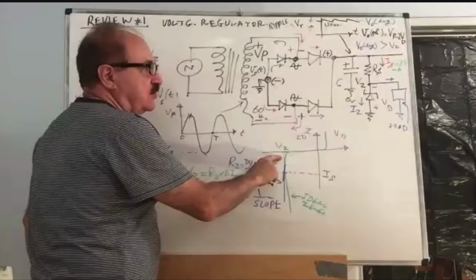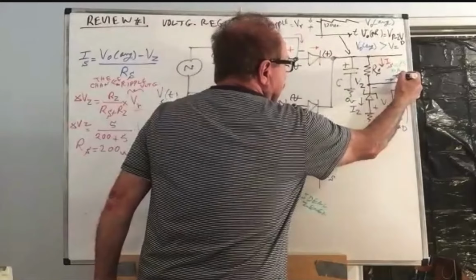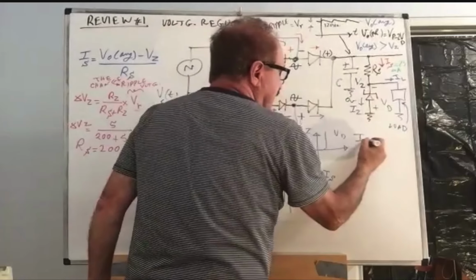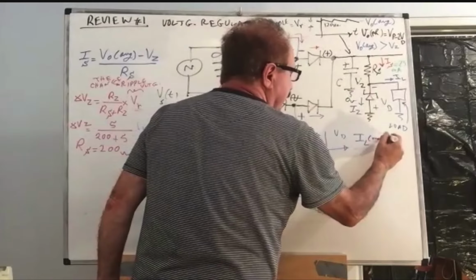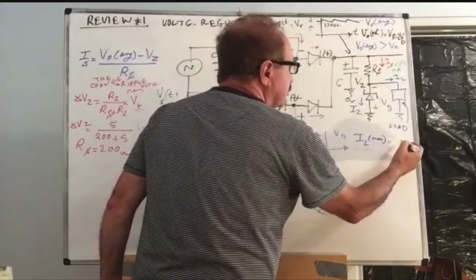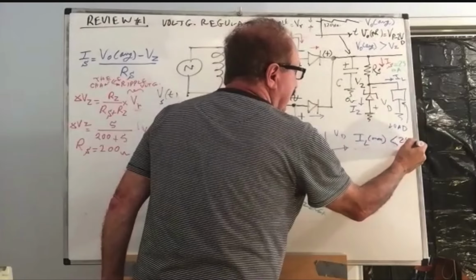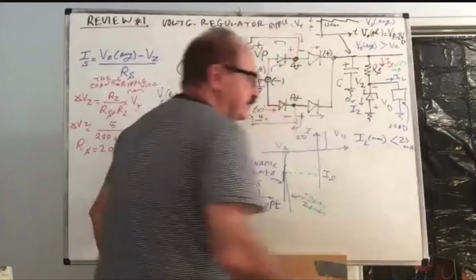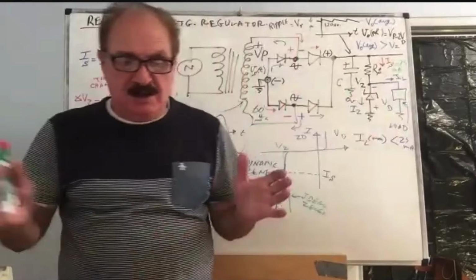In other words, the limit to my maximum load current, IL max, will be less than 25 milliamp. Why is my current at the load now limited?